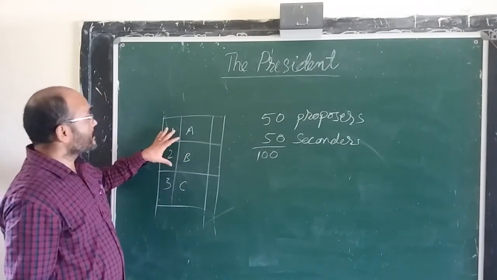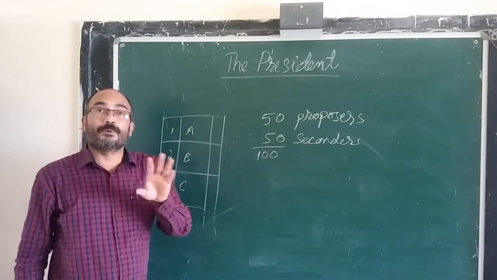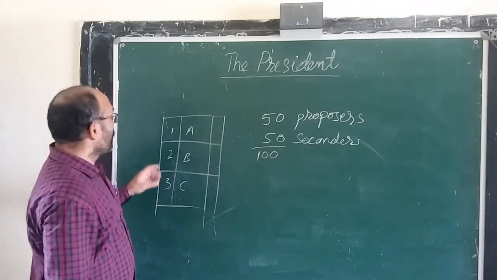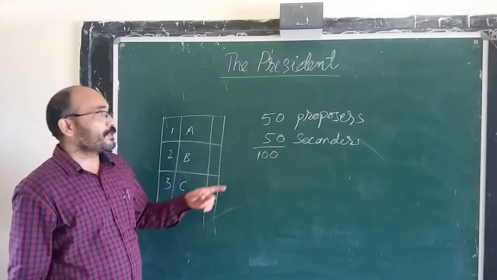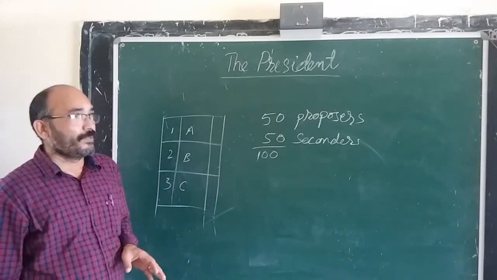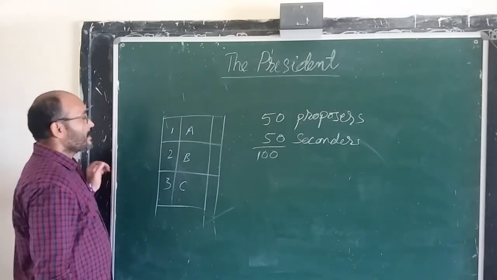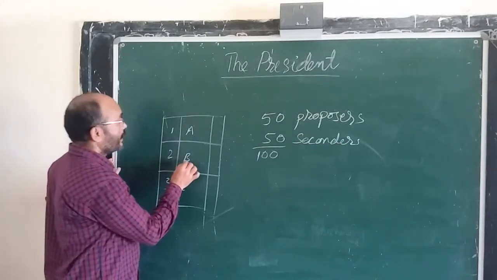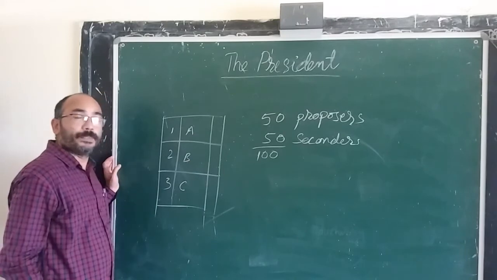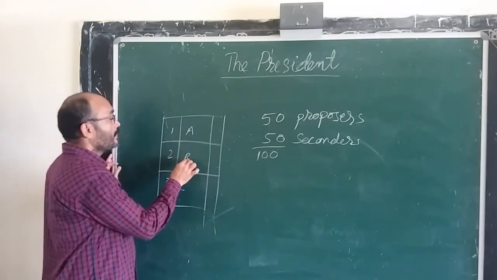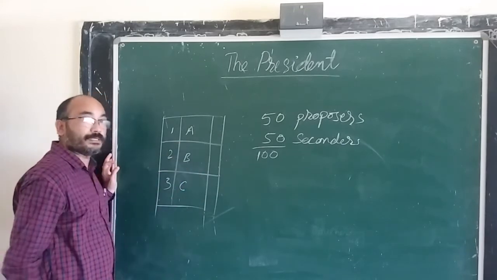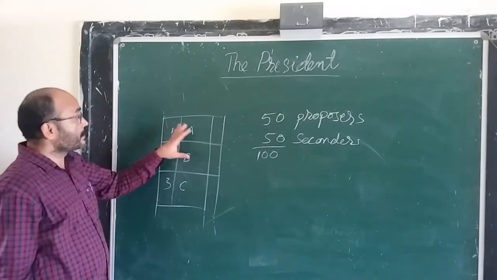He can cast the vote according to preference. Suppose I am a voter in the presidential election, and in my opinion, candidate B must win the election and should become the president of India. Then I can cast 3 votes.